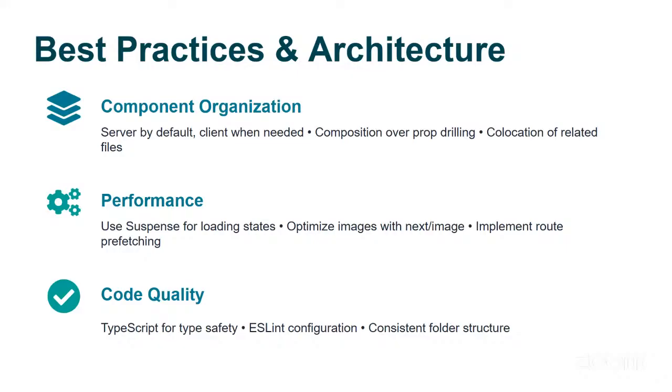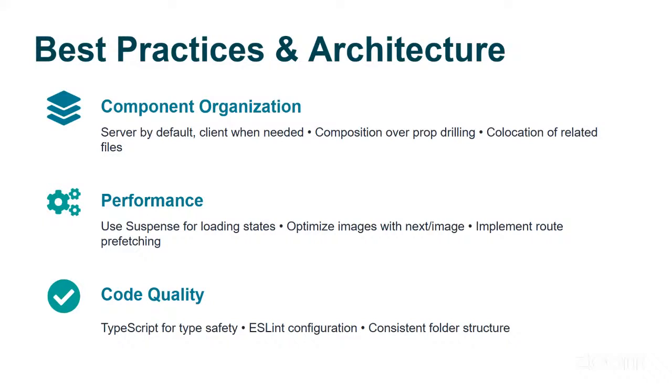We can co-locate files in the same directory, but obviously they will create different routes. It also helps in performance, use spans, and these are all optimizing techniques. For example, while the data is being fetched, in that particular time we will show something for better user experience, and optimize images with Next.js.